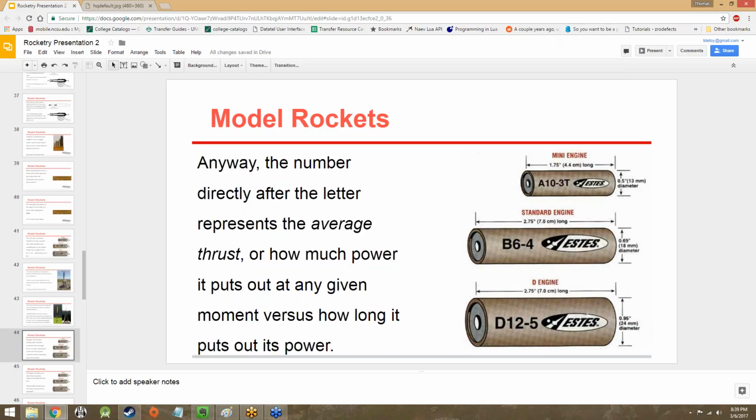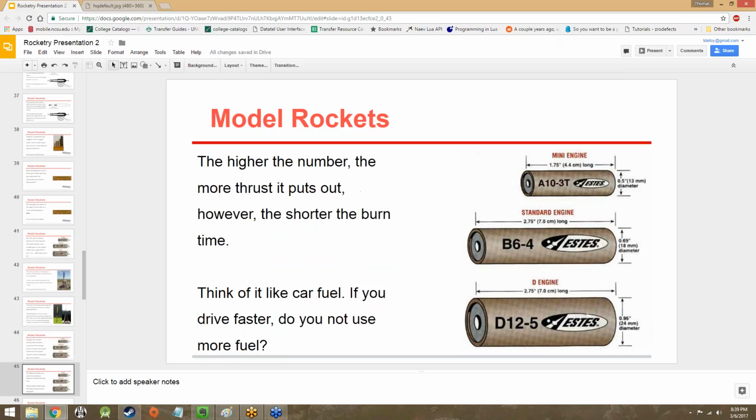Well, that's kind of like what the average thrust number is. So in this case, it's the 10 in A10, the 6 in B6, the 12 in D12. The higher the number is, the more thrust it puts out at any given moment, however the shorter the burn time is, because obviously it's burning through its fuel more quickly. So, for instance, a D12 could burn as long as a C6.